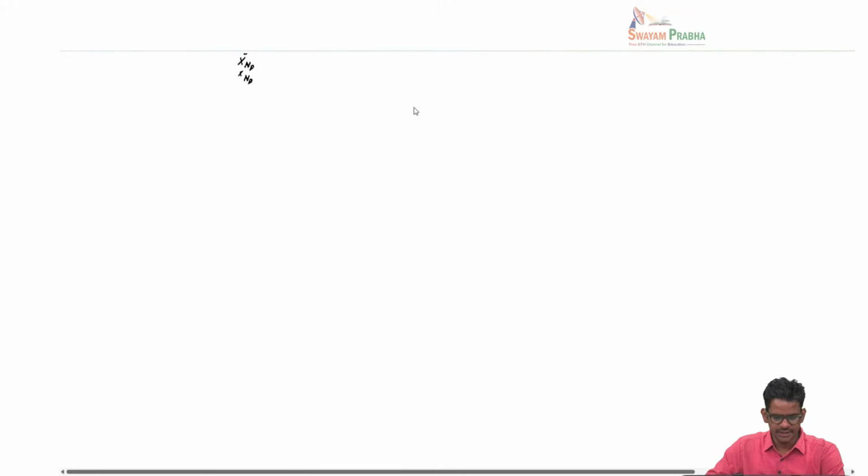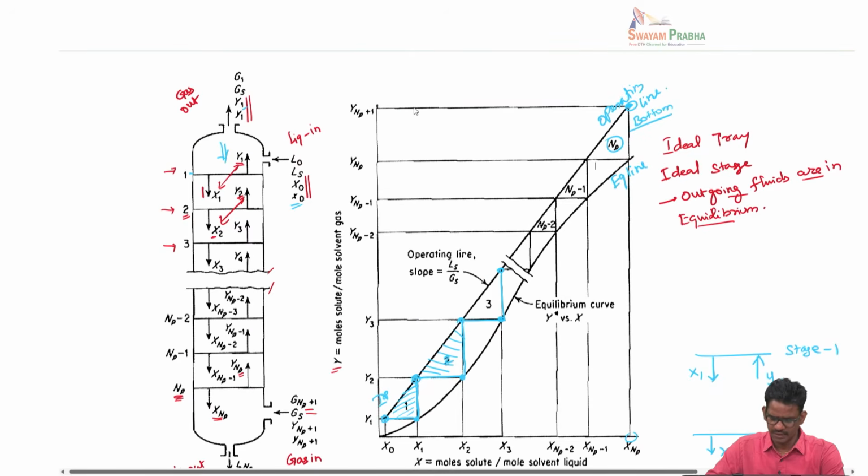The next thing is, when we did this graphical approach, the only assumption we are making is that the stages are ideal. We are not saying anything about whether the equilibrium line or the operating line should be a straight line. But if the compositions are very small, and if the operating line and the equilibrium line are straight lines, then we can get an analytical solution for this problem.